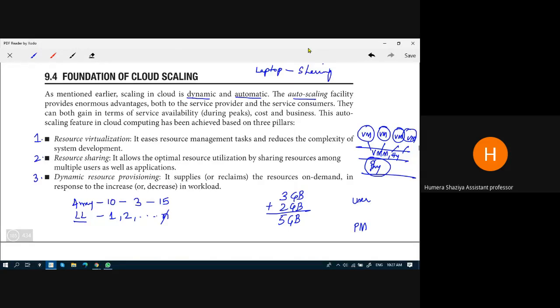All right. And the third one is dynamic resource provisioning. Dynamic resource provisioning is about requesting for the resource on demand. For instance, you are going from one place to another place, from source to destination.